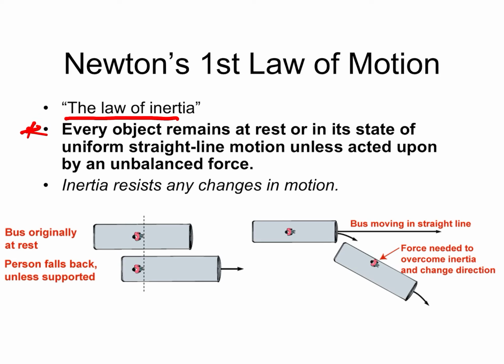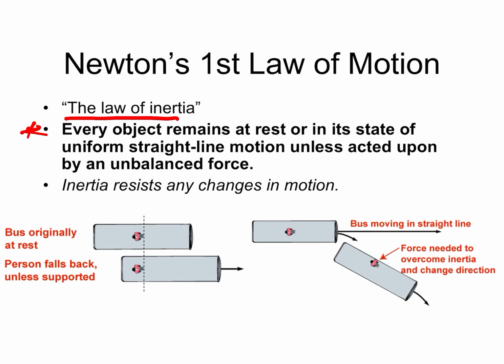But because of the bus moving, you change positions on the bus. And this is showing you that if the bus keeps going in a straight line, your body wants to stay in that. So if the bus turns pretty sharp, then you're going to be thrown to one side or the other, because again, you want to try to stay in that same position.